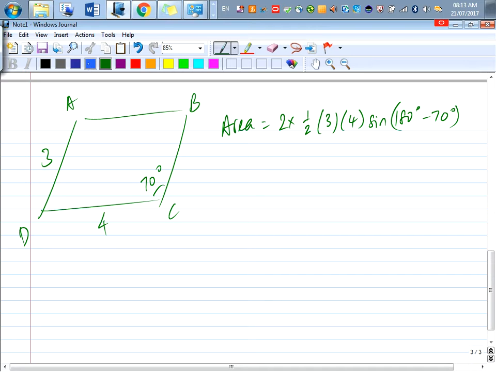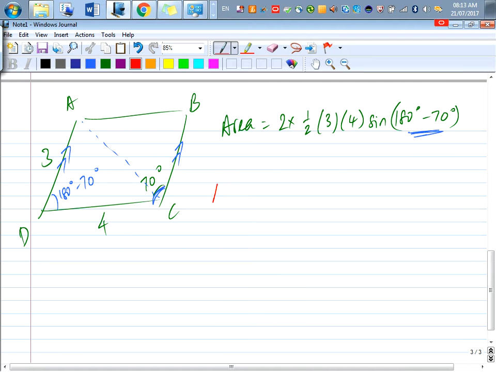So he is dividing. He skipped quite a bit of steps. He's dividing into these two triangles. And then over here, this is 180 degrees minus 70 degrees. Reason being, these two sides are parallel. So this angle plus this angle, they are equal to 180 degrees. Okay, so he gets this. Then the area of this triangle will be half times 3 times 4 times sine 110. Then you multiply it by 2. Okay, any other way to do it?